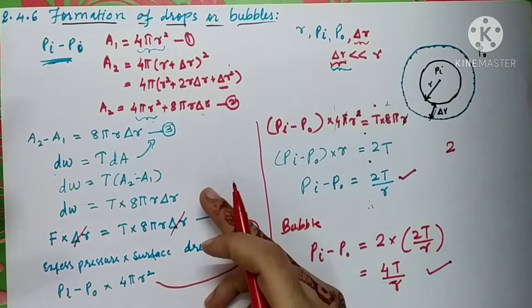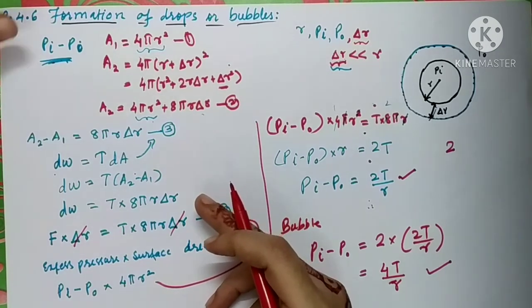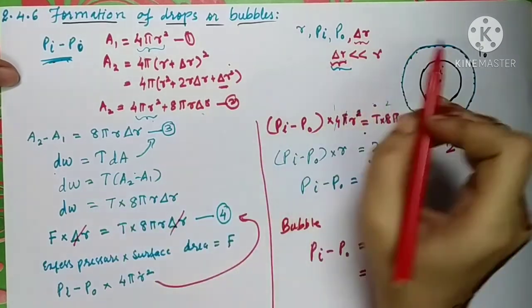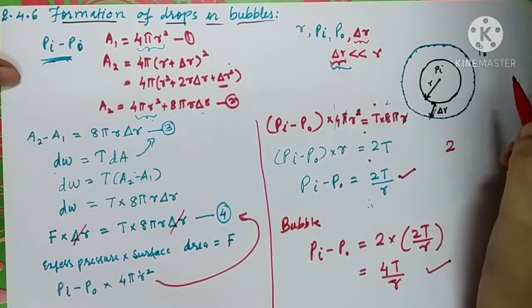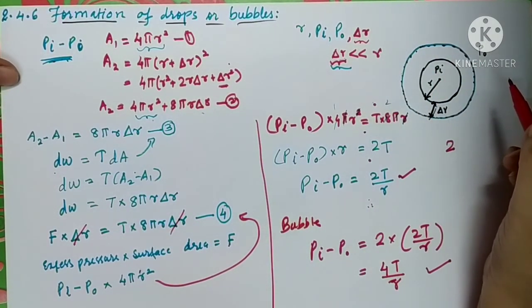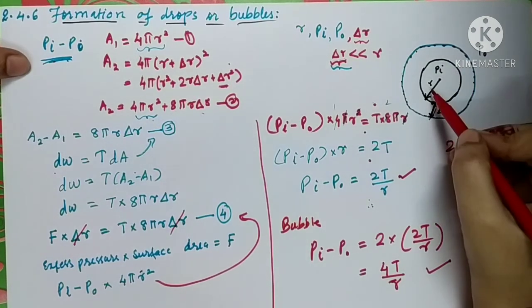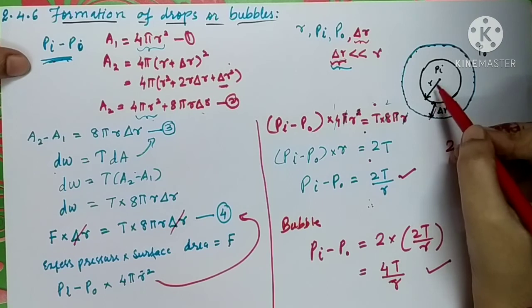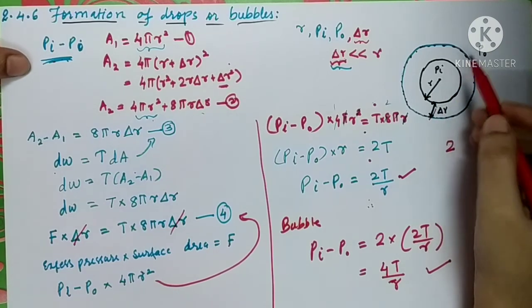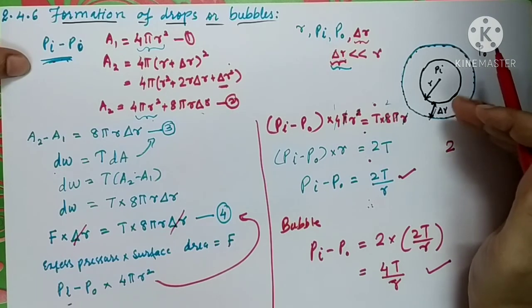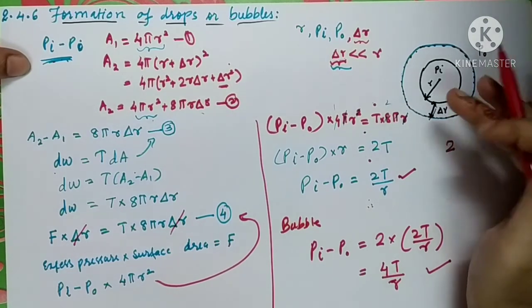Let's repeat it quickly so that, revise it so that you can easily learn it. Excess pressure means you'll have to find out the expression for Pi minus Po. Here we have taken one liquid drop of radius R, and to include the concept of surface tension over here, we'll have to increase the surface area of a liquid drop.